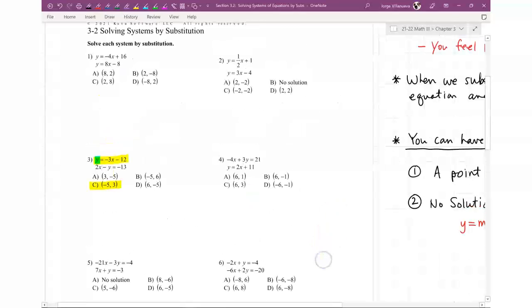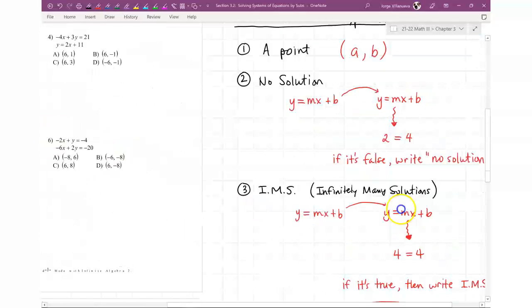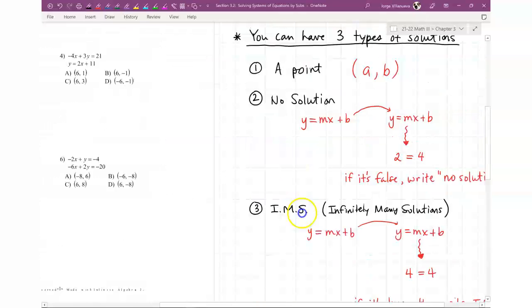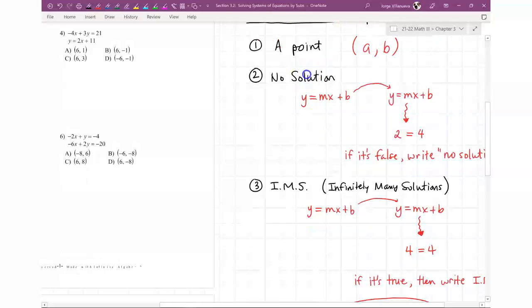So let's go to the easy ones, like I said. Let me do question number 2, half x plus 1. So I'm going to write it over here. I just don't have a lot of room in that space, and I don't like to try to cram everything. So here's the first equation, half x plus 1, and the other equation was 3x minus 4.